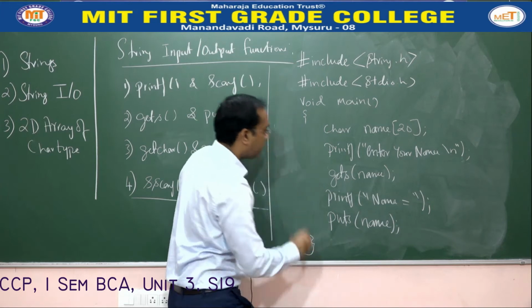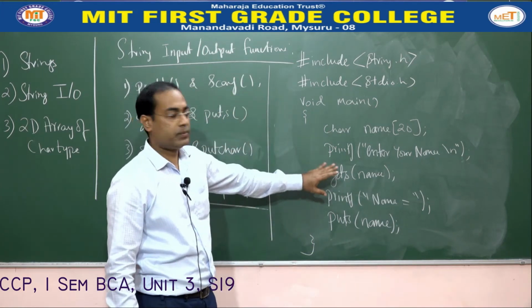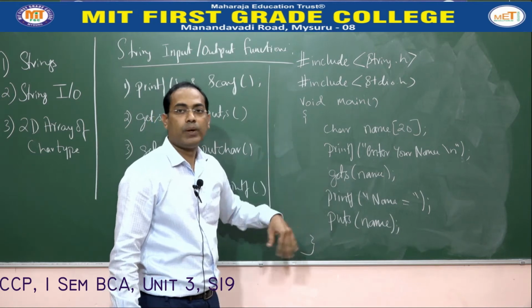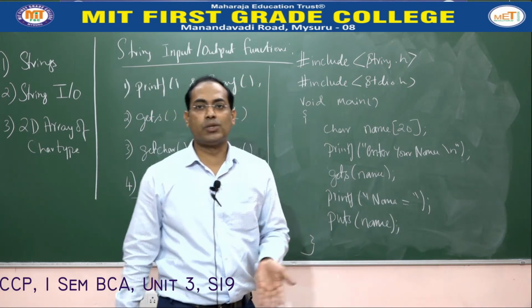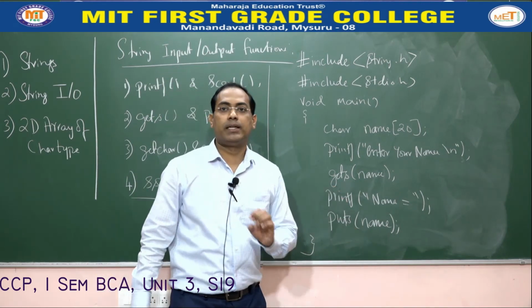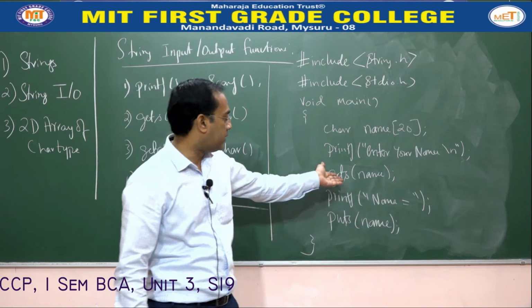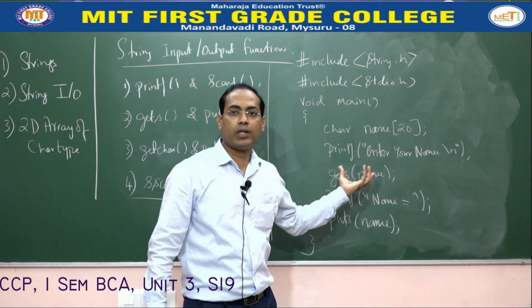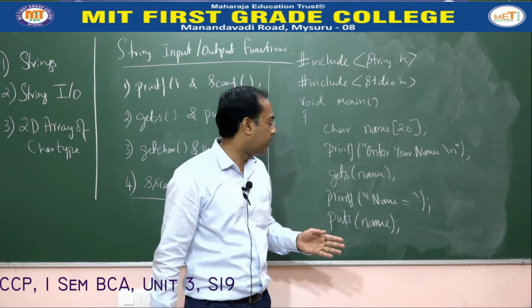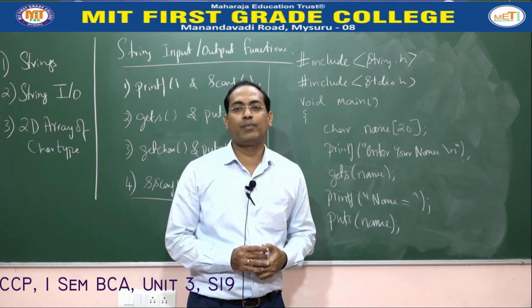That's it. Okay, so this program will accept a name and display the same. Now we have to use printf over here because we need to give a message to the user to enter the name, because gets and puts don't support the control string as an argument. They only accept one argument, that is the string which you want to accept or display. Alright, so this is gets and puts.